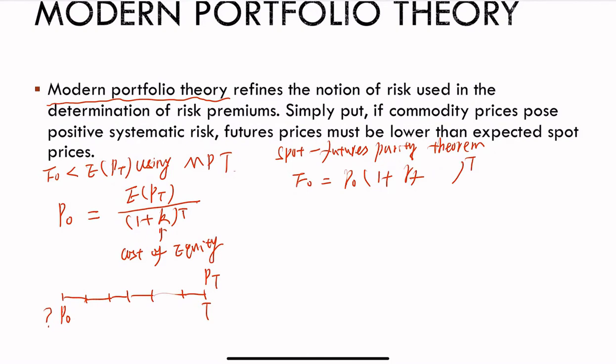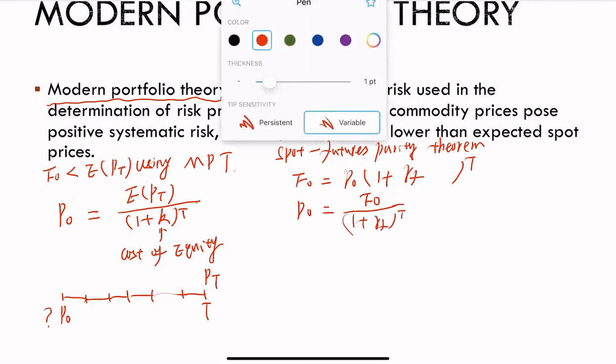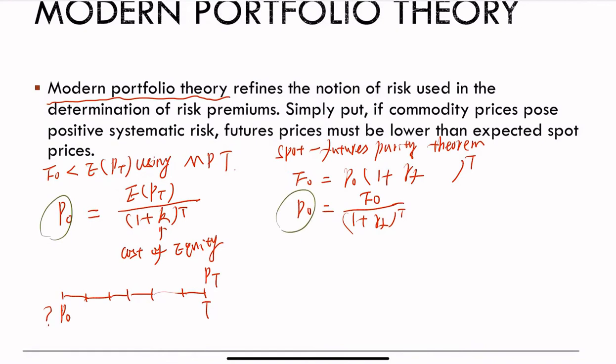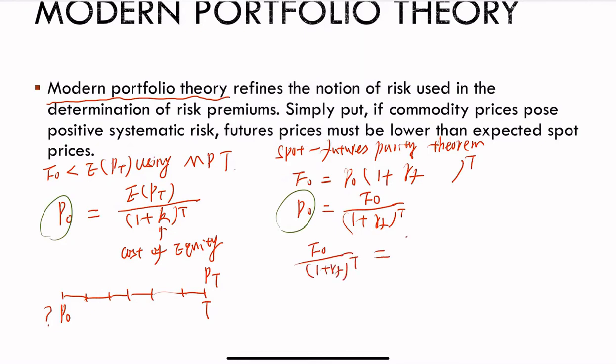Right, so let me remove this. So basically you can see that by this parity theorem, we could find out P0 equals F0 divided by 1 plus RFT. Now very nicely you can see that we have two P0, right? So we could get the following result, that is F0 divided by 1 plus RFT equals E PT divided by 1 plus KT.